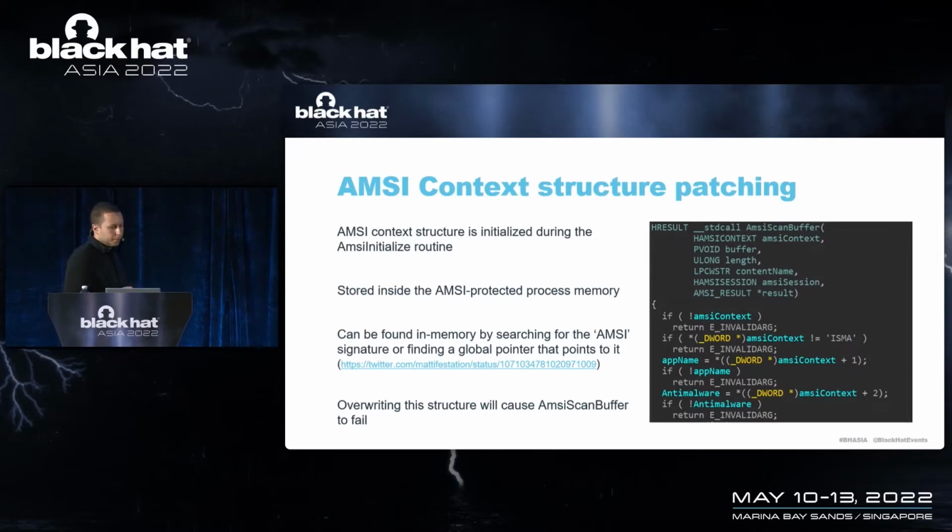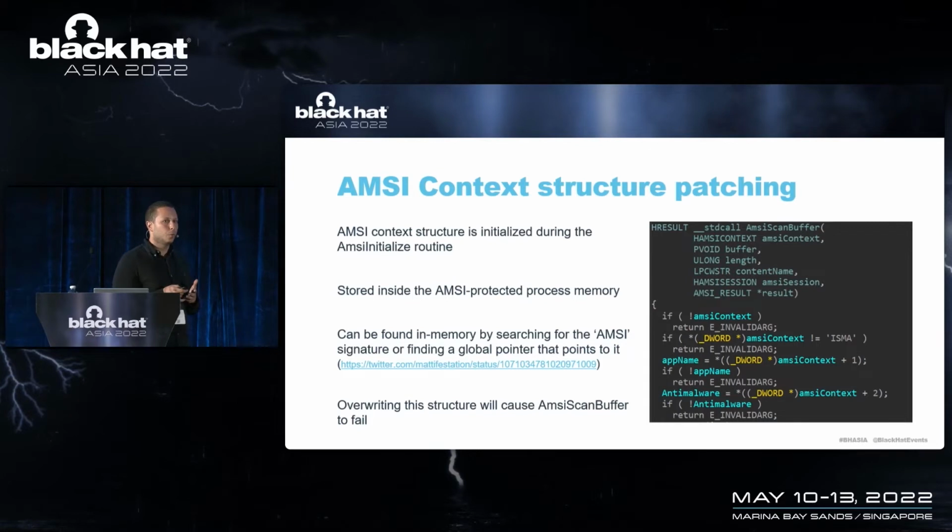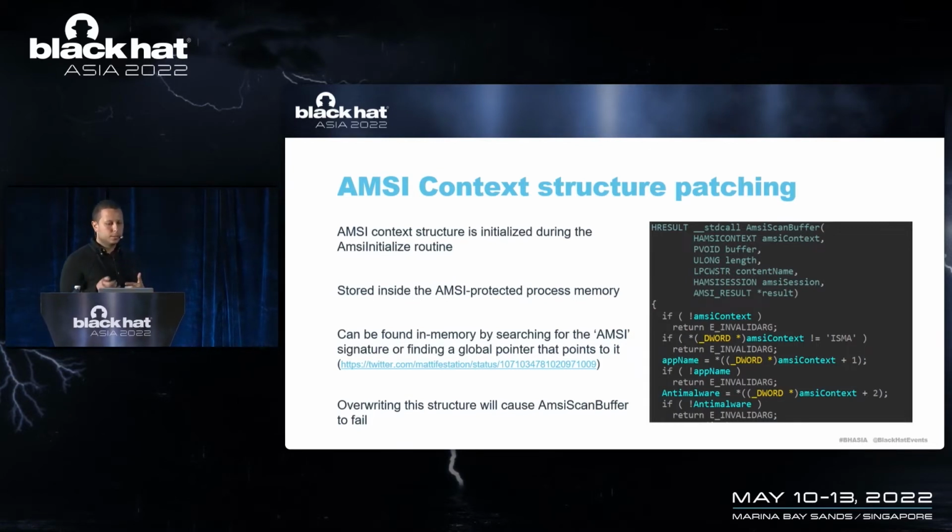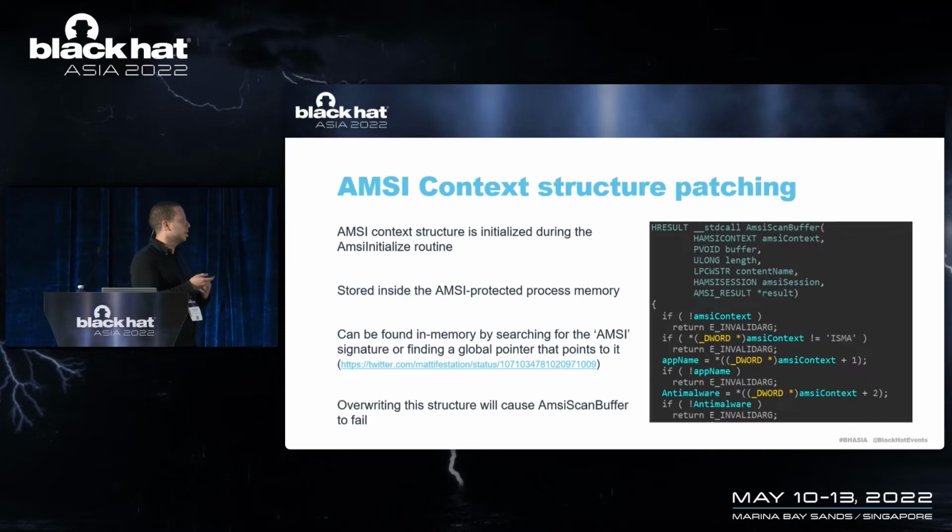Another option to break this link in the chain is to use the data patching option. If we take a look at the AMSI scan buffer, we can see that at the start of the function, it validates the content of the AMSI context. AMSI context is passed to AMSI scan buffer as a parameter.